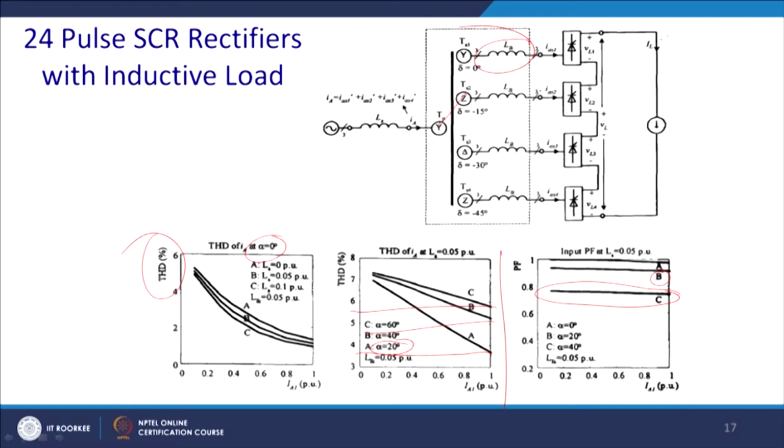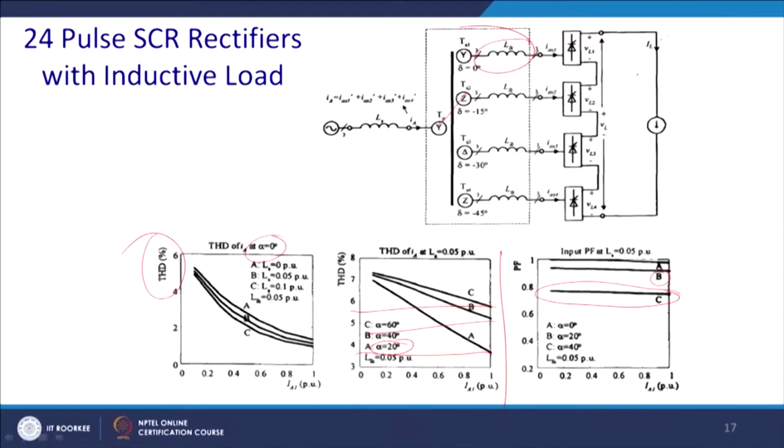Apart from that, all these multipulse converters are bulky solutions, because you have solutions with a transformer. They are mostly thyristorized drives. Mostly you will apply these drives for driving your vehicle, for power ratings in the range of MVA.